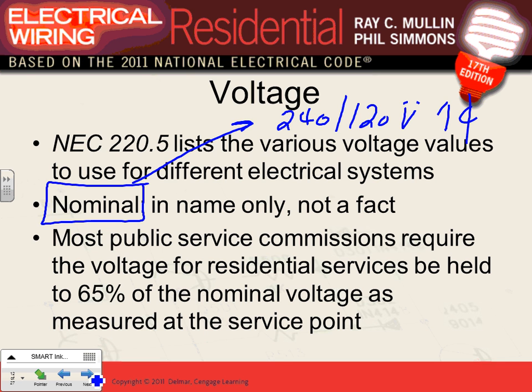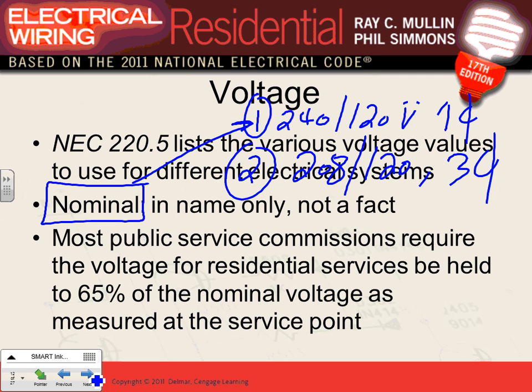Now you get into apartments, risers, 5, 10, 20-story building risers. 240/120 does not have enough energy in it to get you what you need. So then you go up to a three-phase system. This is option one. Option number two is 208/120 three-phase.